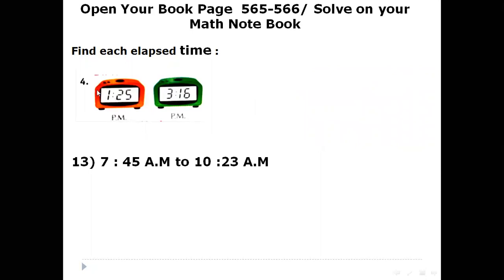The first timing, look, which hour is first? What comes first during the day? Is it 1:25 p.m. or 3:16 p.m.? Of course, 1:25 p.m. So this is the starting time, and the 3:16 is the ending time.